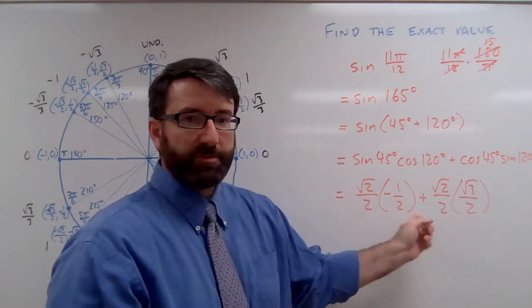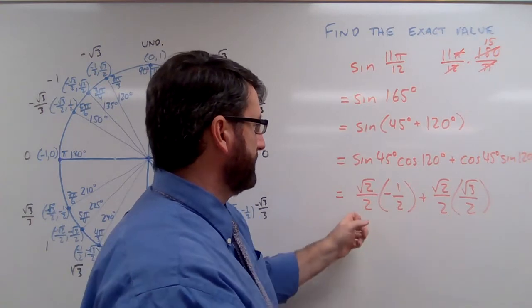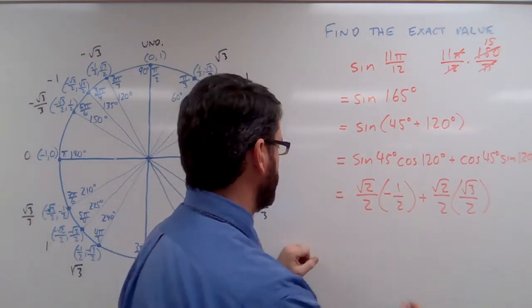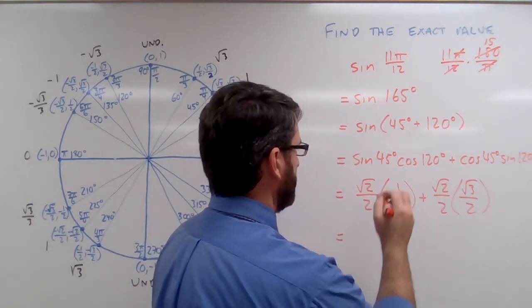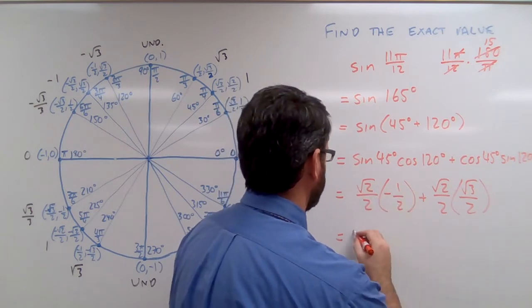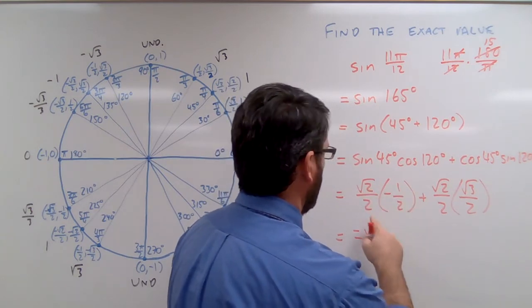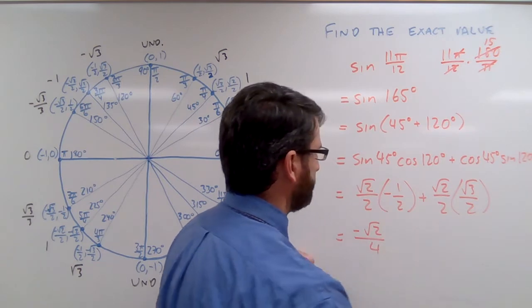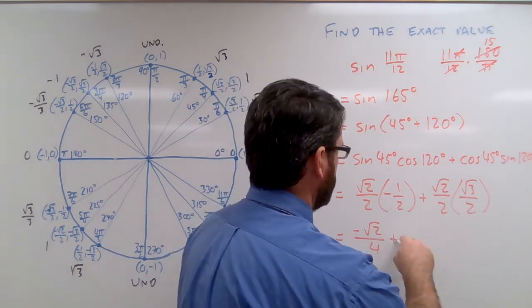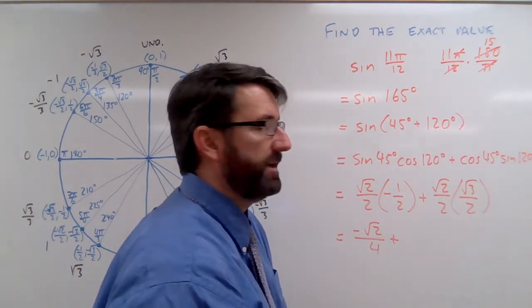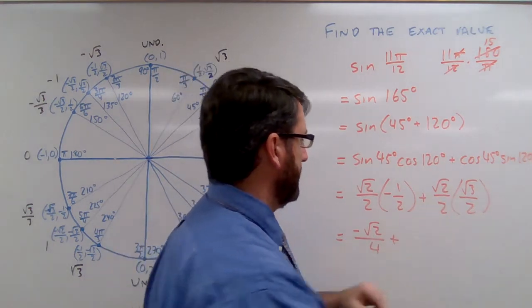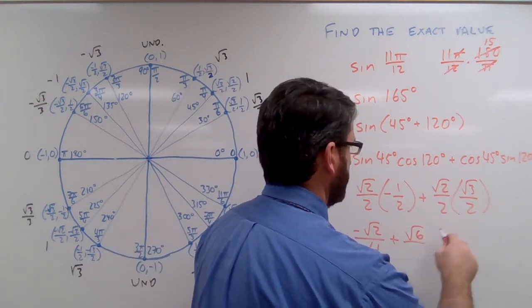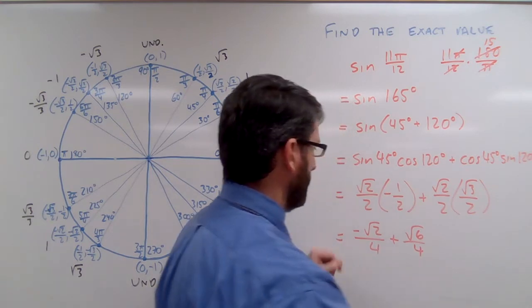All right, now to multiply these fractions, we just multiply the numerators, then multiply the denominators. So square root of 2 times negative 1 is negative square root of 2, over 2 times 2 is 4. And then here, the square root of 2 times the square root of 3 is the square root of 6, and again, in the denominator, we're going to get 4.